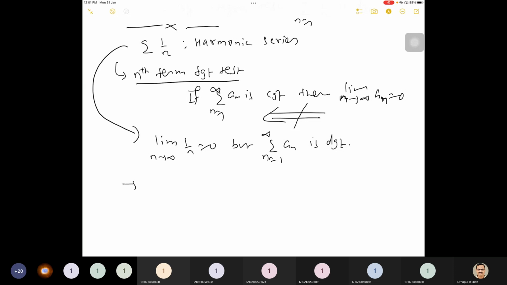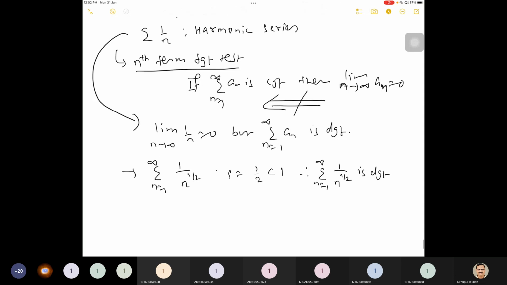Now, what about this series, convergent or divergent? Divergent. What is p here? 1 by 2, which is less than or equal to 1, less than 1. Therefore, this series is divergent.